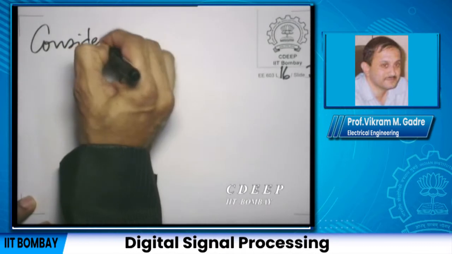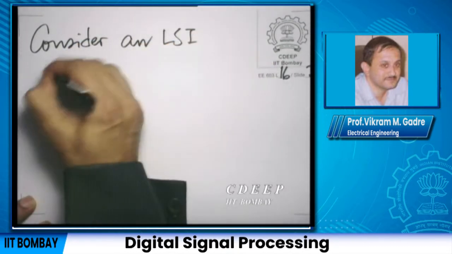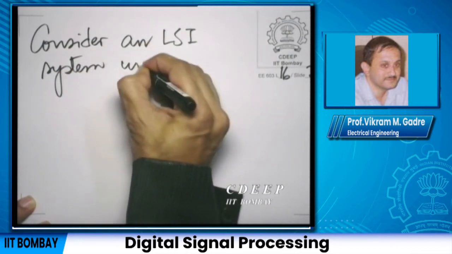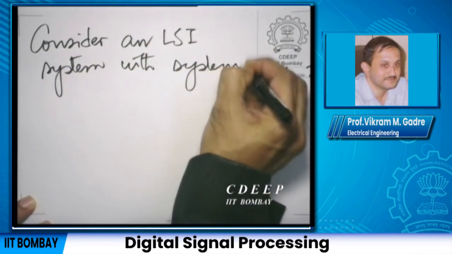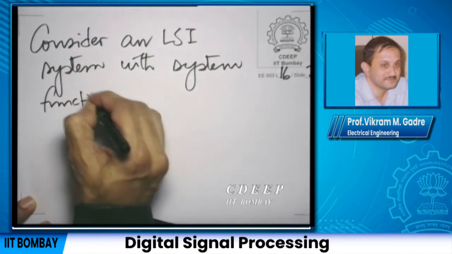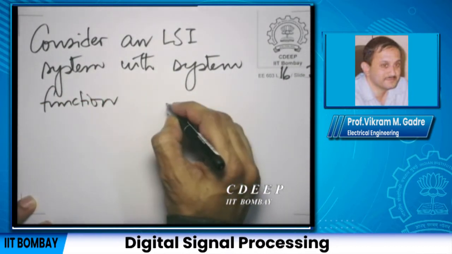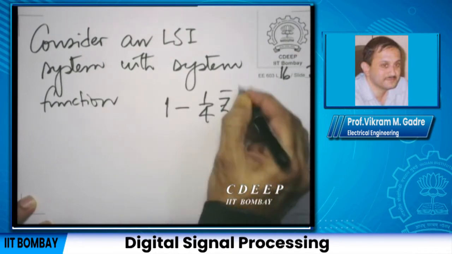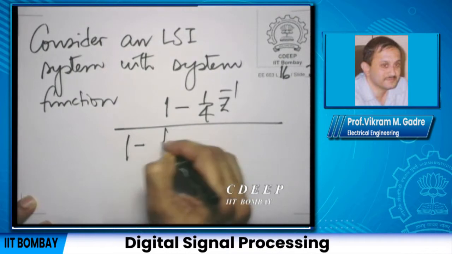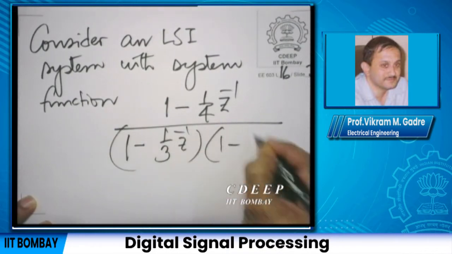In fact, let us assume that we have a system described by a system function which is rational. So, for example, let us take a concrete system as an example where the system function is rational. Consider an LSI system with system function H(z) equal to (1 minus 1/4 z inverse) divided by (1 minus 1/3 z inverse)(1 minus 1/2 z inverse).